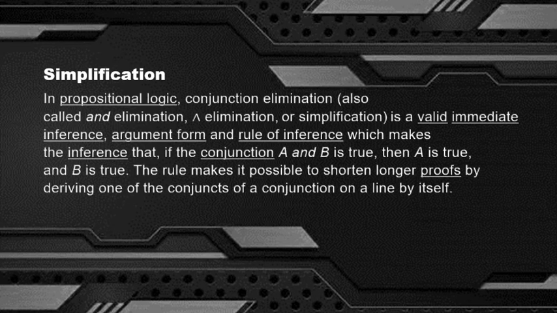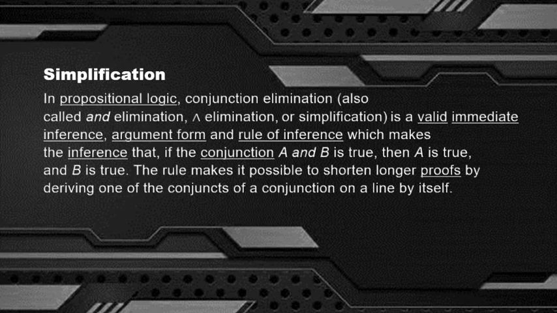So next, simplification. In propositional logic, conjunction elimination, also called and elimination or simplification, is a valid immediate inference, argument form and rule of inference which makes the inference that if the conjunction A and B is true, then A is true and B is true.